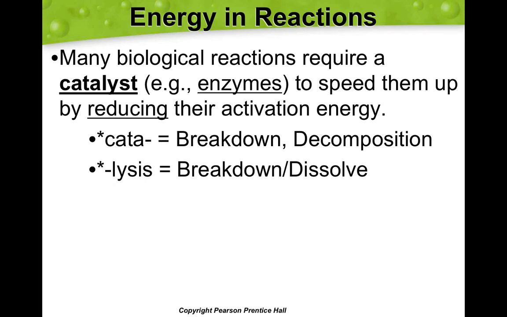Okay, so enzymes speed up chemical reactions so that your body can do things quickly. Chemical reactions will speed up and it allows you to stay alive. If you didn't have these enzymes, the chemical reactions in your body would go so slow, you wouldn't be able to harness the energy from the chemical reactions and you would die. We're going to do a whole unit on enzymes, so don't worry, I'm going to come back to this concept later on.